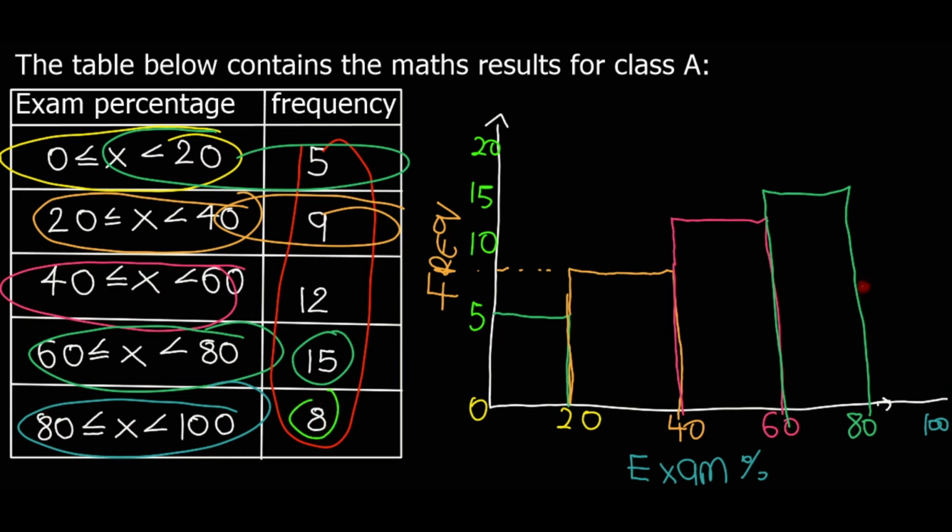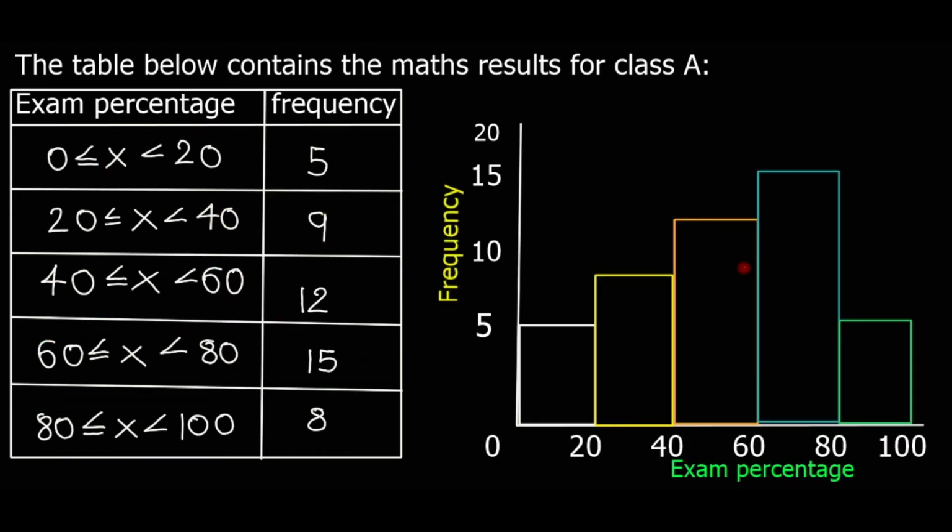So 80 to 100: assume 8, it can be somewhere here, because this is 5. So that is how we draw a histogram. Let me draw it neatly so that you can see what it looks like. And then this is your graph. So you can see that it's not challenging at all, it's very easy and straightforward. So that's it for this example.